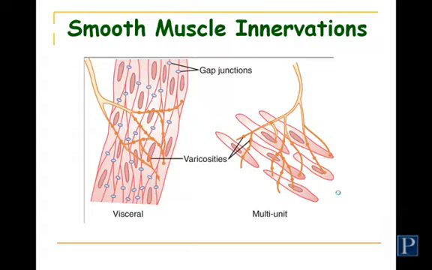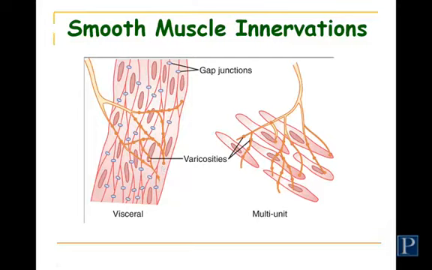In smooth muscle, you do not have true neuromuscular junctions, those very well-defined neuromuscular junctions that you saw in skeletal muscle. Instead, they have these things called varicosities. Varicosities are bulbous-like swellings that are filled with neurotransmitter.